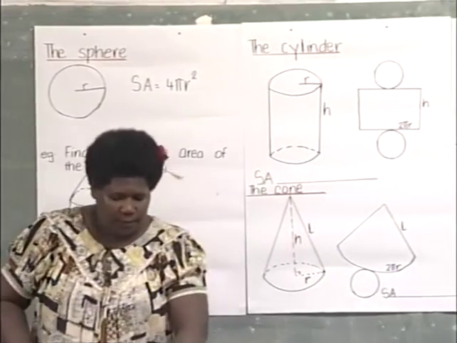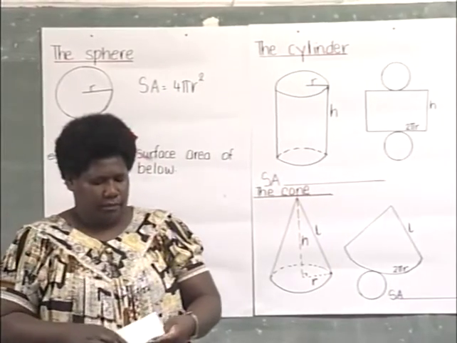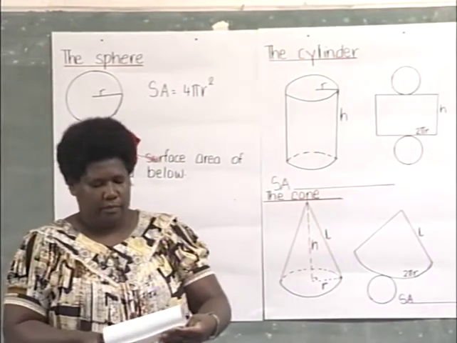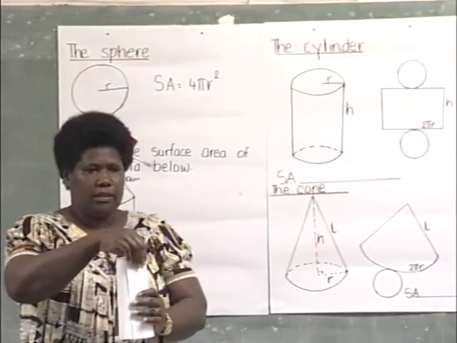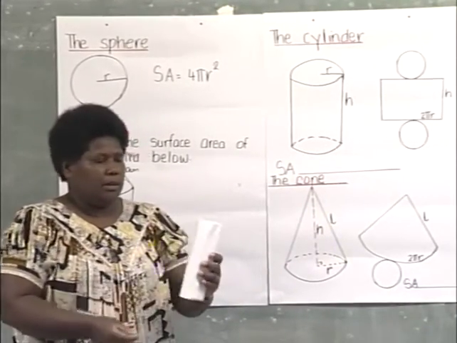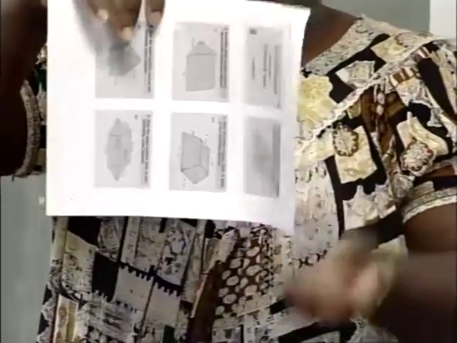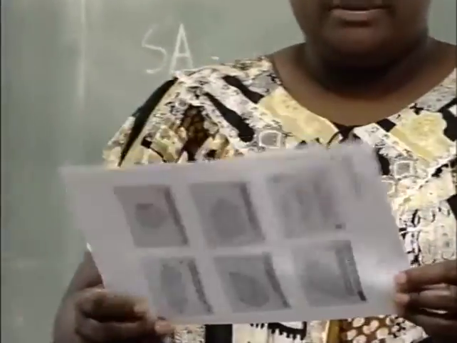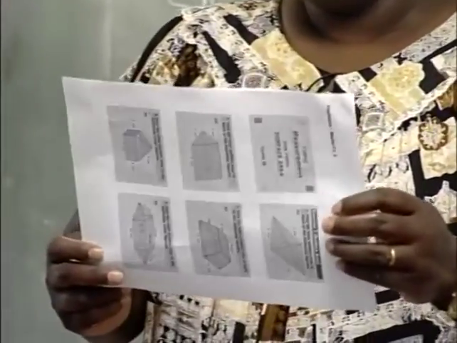Okay, if I get this piece of paper and I hold it like this, then that's a cylinder, but it's an open one. Now, if it's cut, or if I open it again, it actually becomes a rectangle.